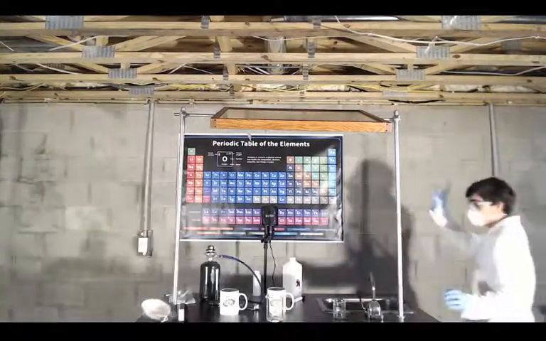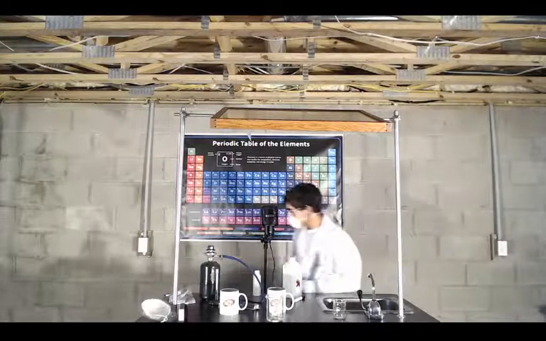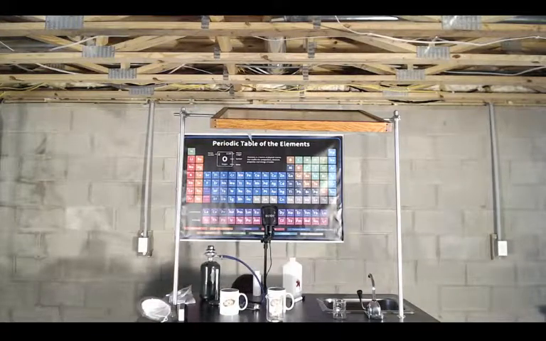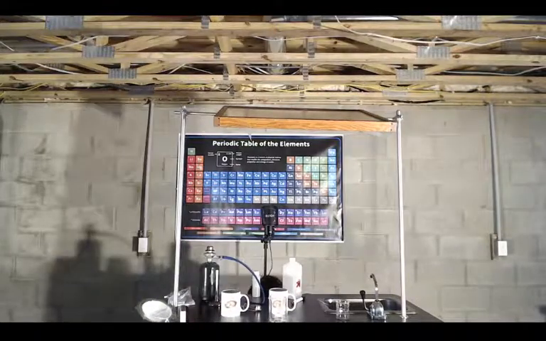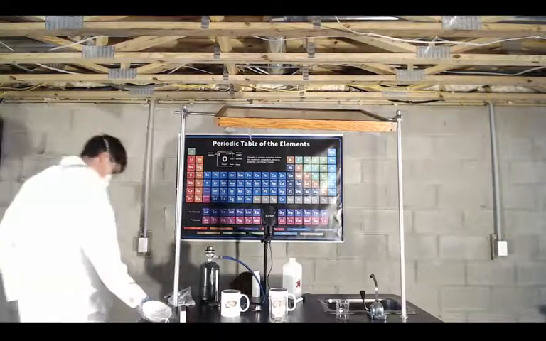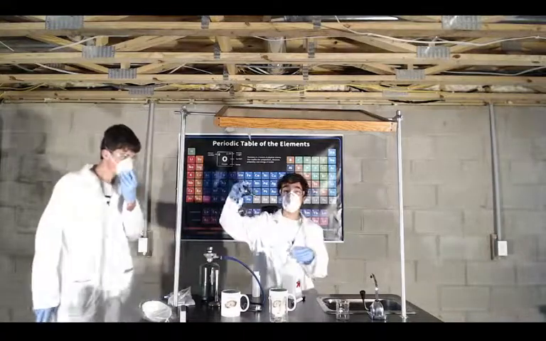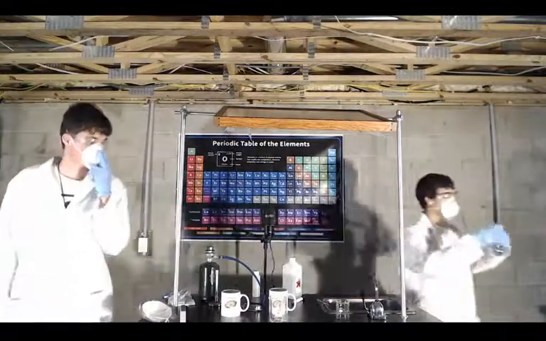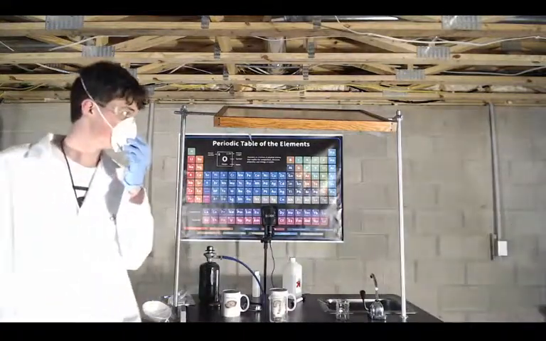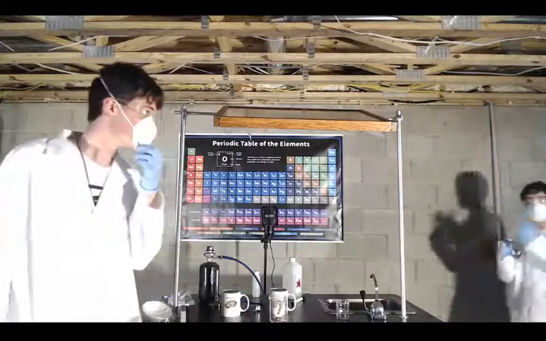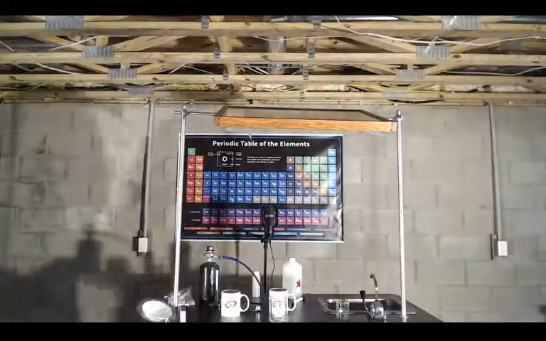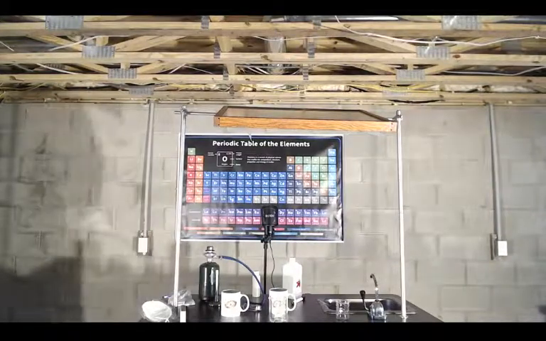We are going to grab one of our funnels just to make sure we don't make any spills here. Have some funnels in here. I'm starting to smell a little bit of a sulfury smell. That is the smell of hydrochloric acid.